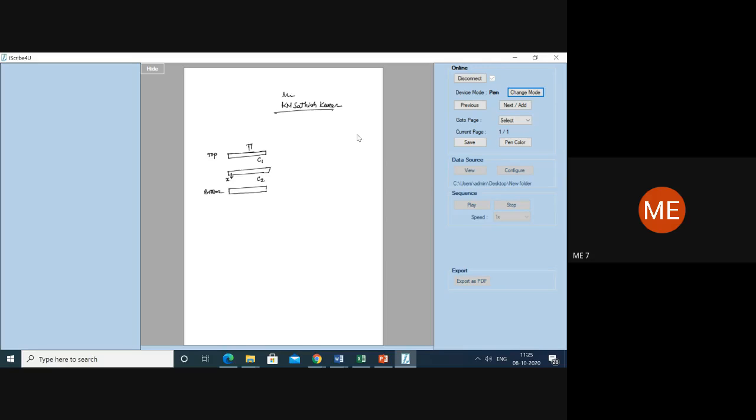Now what is going to happen to my value of C1? Please observe. What is C1 now? C1 is equal to what? The equation: epsilon naught, epsilon R A divided by D plus X. Similarly, what is my value of C2 going to become now?